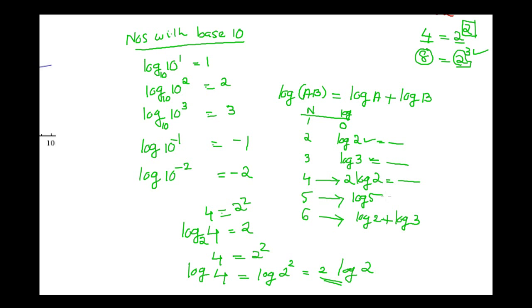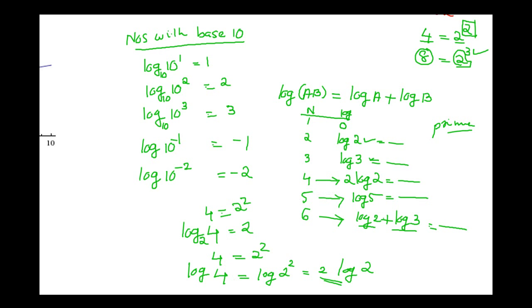Log 5, if the value is given, then we can calculate this. Log 6 is easy to calculate because log 2 and log 3 are known. In this way, if we know the logarithm of all the prime numbers, then the logarithm of all numbers can be derived. Okay.